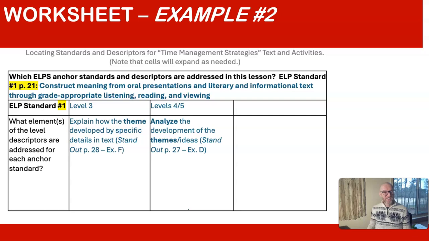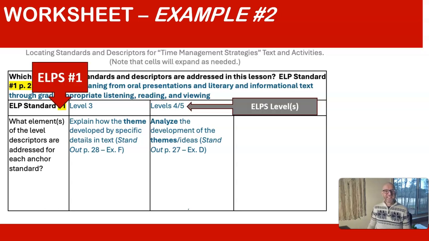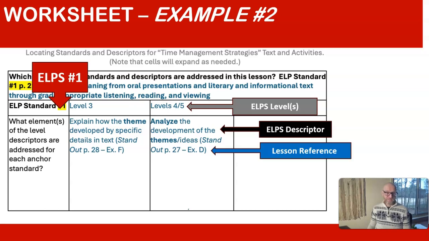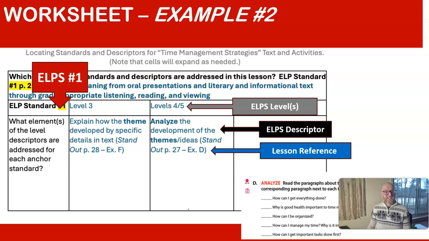So back to our table, we have our ELPS number 1, we have our ELPS levels 4 or 5, our ELPS descriptor, analyze the development of the themes, ideas, and our lesson reference, Standout, page 27, exercise D.